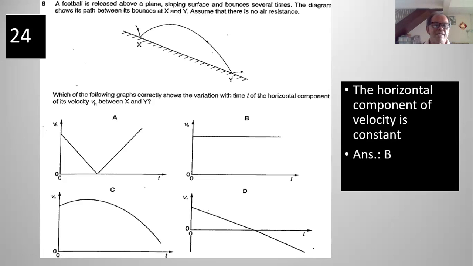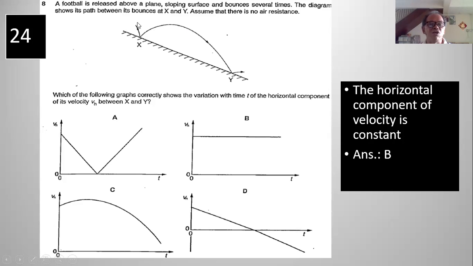So the answer is B. If you are looking at the vertical speed, then this is the answer. The speed will decrease, then increase back again. For speed we are not interested in direction, so there is no negative sign.